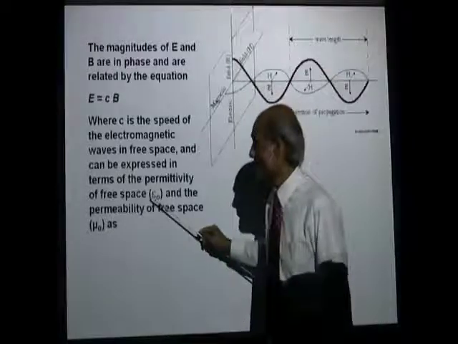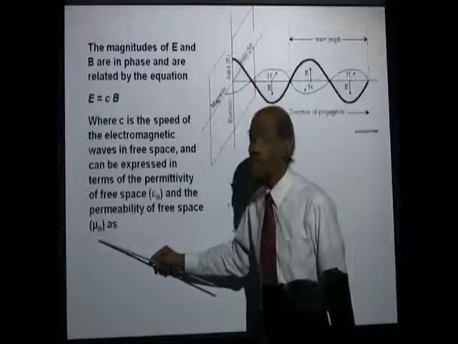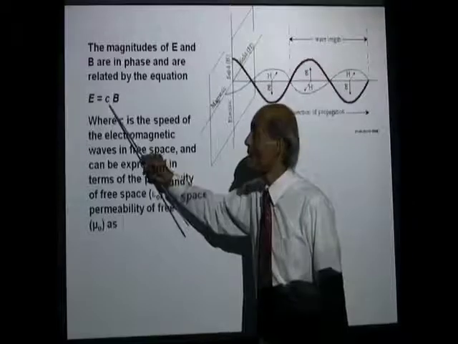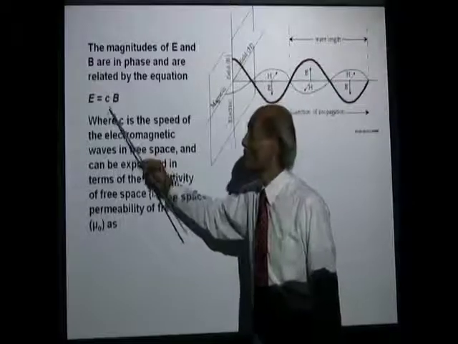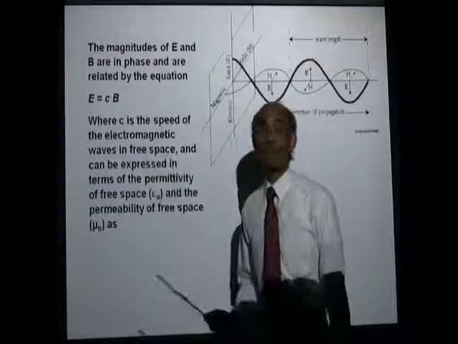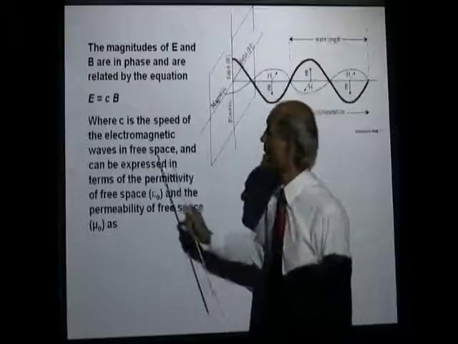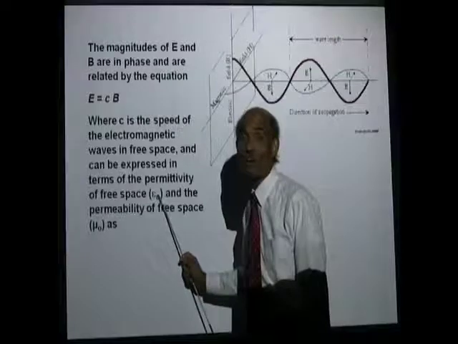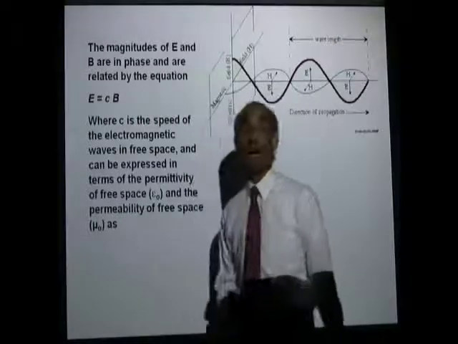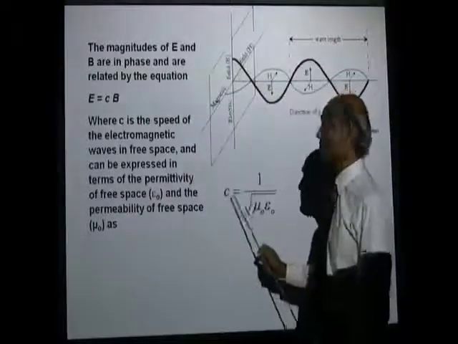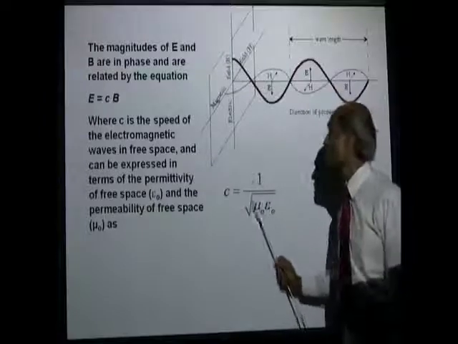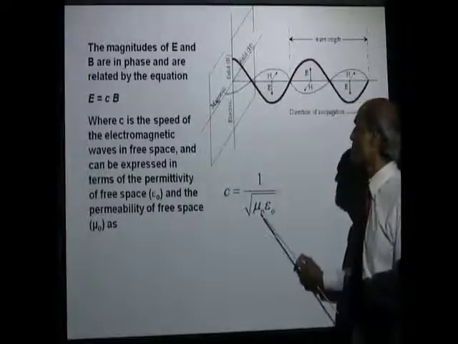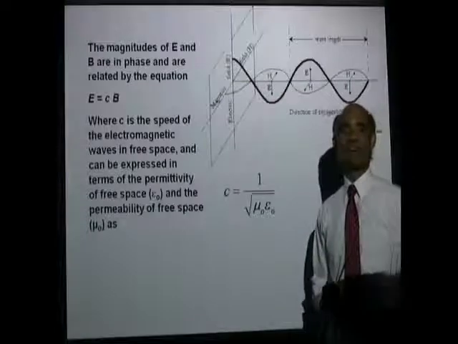You can see here electric property, magnetic property, electromagnetic property. So c is the speed of electromagnetic waves, and this speed can be expressed in terms of epsilon naught and mu zero, like this. c equal to 1 over square root of mu zero times epsilon naught.